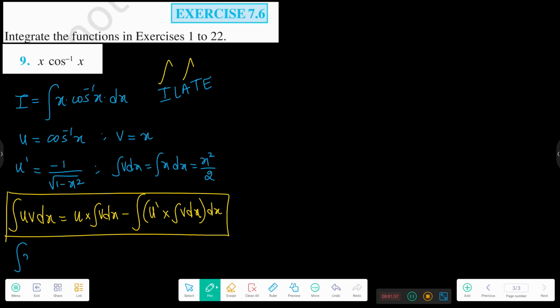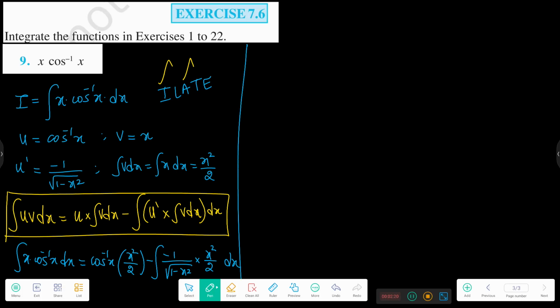Integral of cos inverse x into x dx equals u, which is cos inverse x, into integral v dx, that is x square divided by 2, minus integral of u dash, that is minus 1 divided by square root of 1 minus x square, into integral v dx, that is x square divided by 2, overall dx. This one we have to simplify.